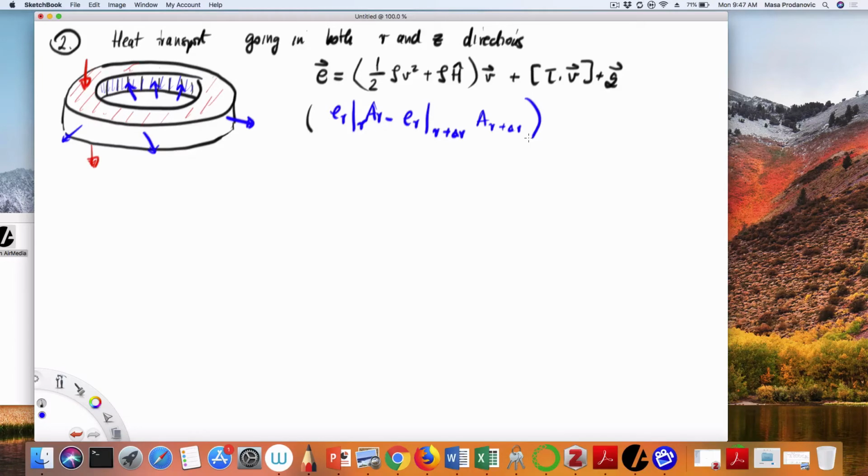So I collected everything going in and out through surfaces orthogonal to r direction. Plus e_z evaluated at z times, just calling these surfaces A_z and A_r for now, at z plus delta z. So in and out through surfaces orthogonal to z direction.